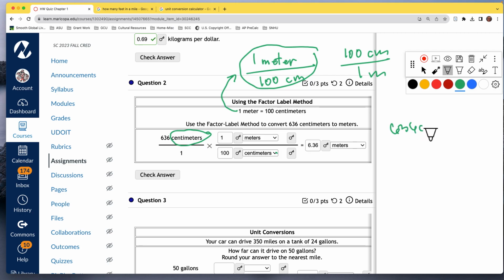So, 636 centimeters. Remember, we can multiply this by a factor of 1. Since they give us this factor here that 1 meter is going to contain 100, we get these 2. We either have 1 meter over 100 centimeters, or, again, this is the conversion factor system we used here. So we want to get rid of centimeters.